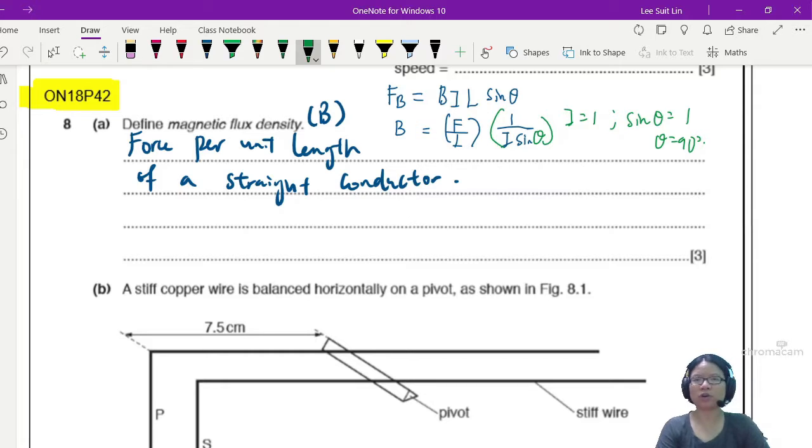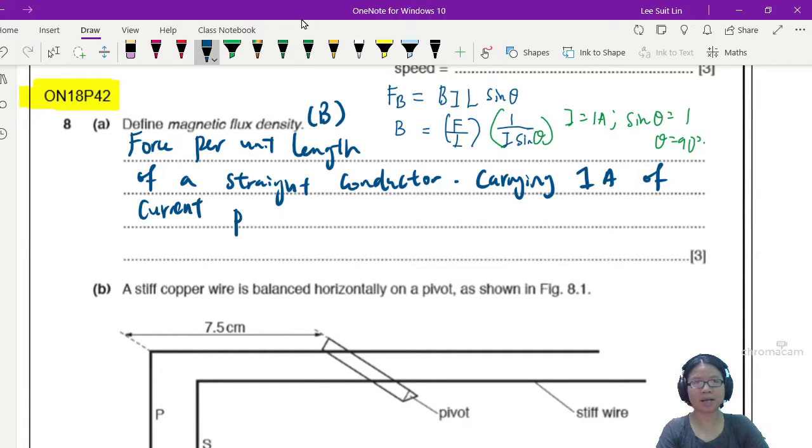So this straight conductor is carrying 1 ampere of current, placed at right angles, or placed normal, to the magnetic field.